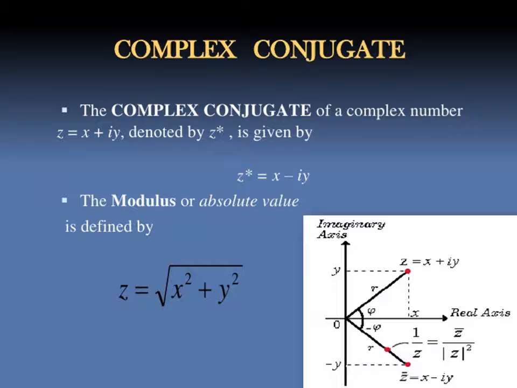We have seen that the equation x square plus 1 equal to 0 has no solution, as x square plus 1 equal to 0 gives x square equal to minus 1. This x does not exist in the real number set, and the square of every real number is non-negative.